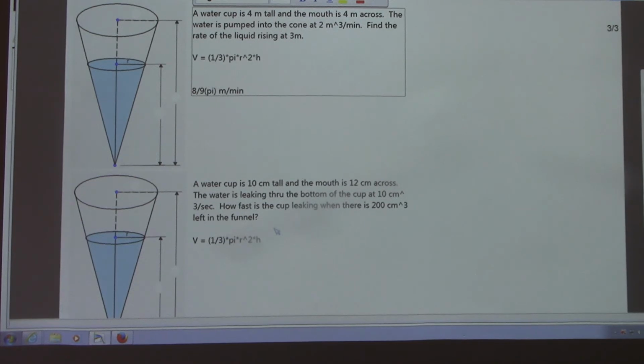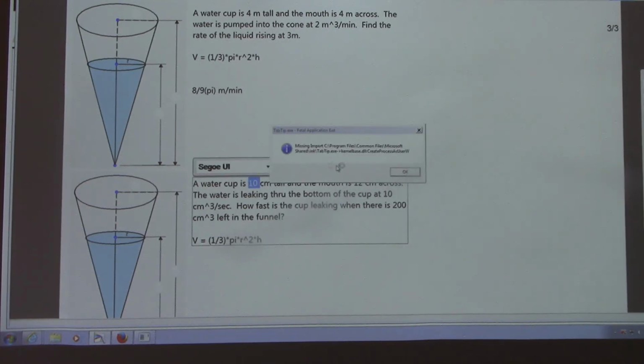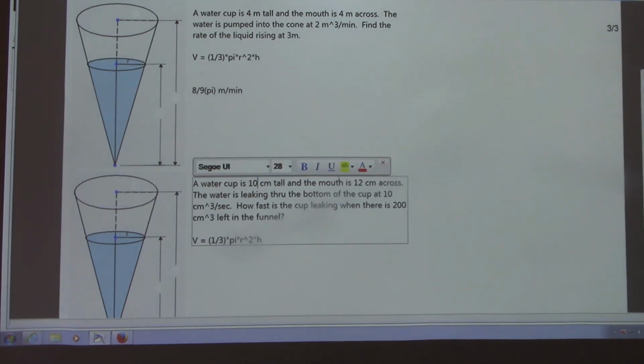Well, this says a cone is 3 centimeters in radius. This is 8 centimeters tall, so we can change this to 8 centimeters tall. And the mouth is 12 centimeters across. No, I'm sorry, 6 centimeters across.